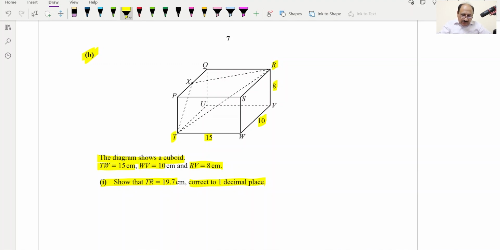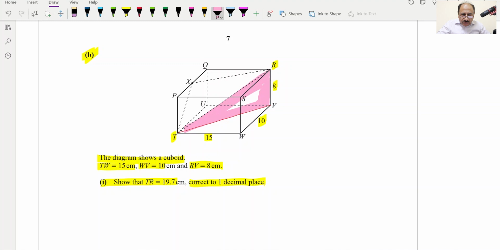For TR, I will draw the triangle basically from V to T. First we need to draw this line, and if I redraw properly, the triangle which we are interested in to find TR is this triangle over here.